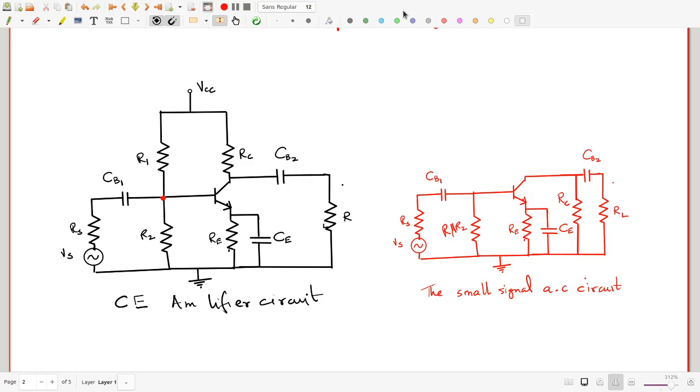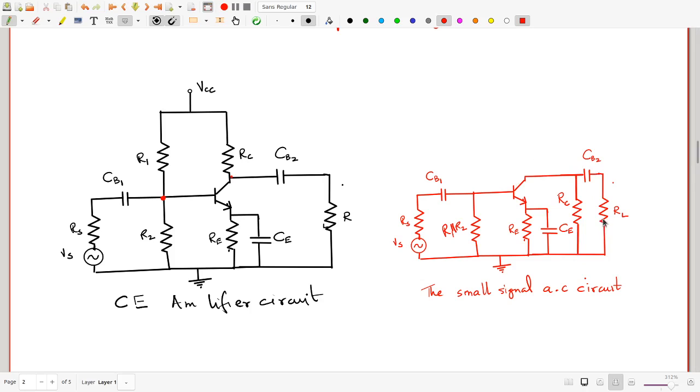So note, the resistance R1 here has been connected between this point and the ground. So what you have is effectively a parallel combination R1, R2. RC, of course, is connected to the collector on one end and to the ground on the other. That is why it's connected here.